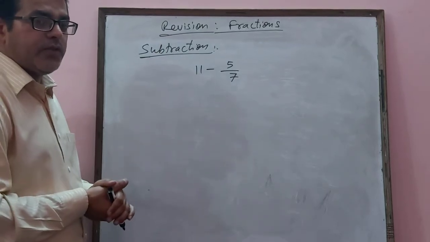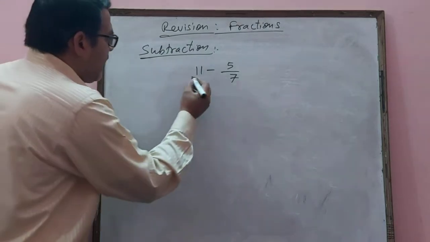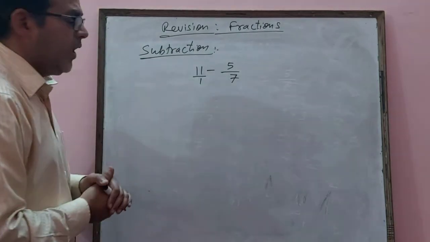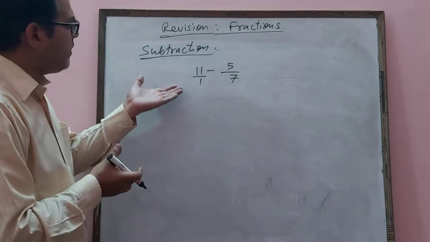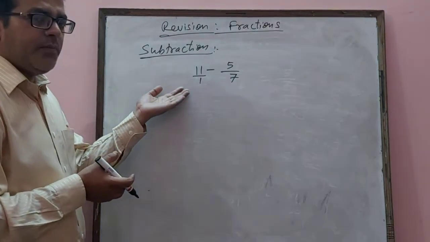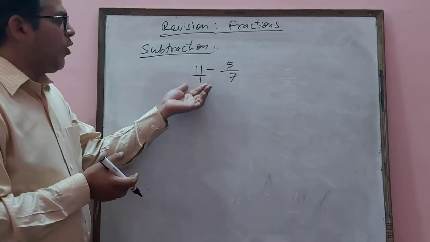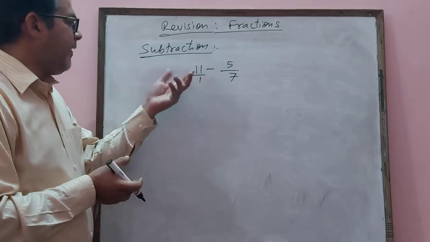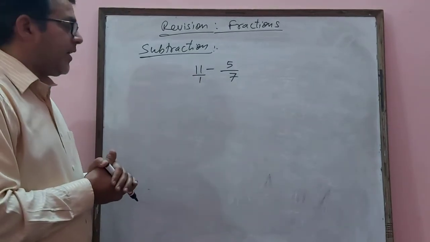How can we solve it, right? So you do one thing, we can write here 1. This is the first method. So many methods are there to solve it. I found this method very simple for you. So you have to write 1 here as the denominator, which means nothing is changed. So 11 is the value of this fraction only.